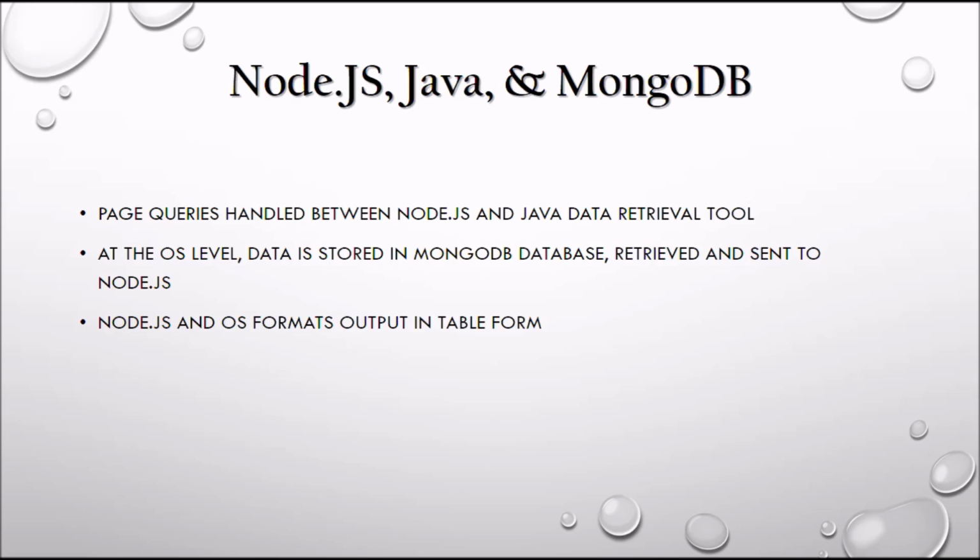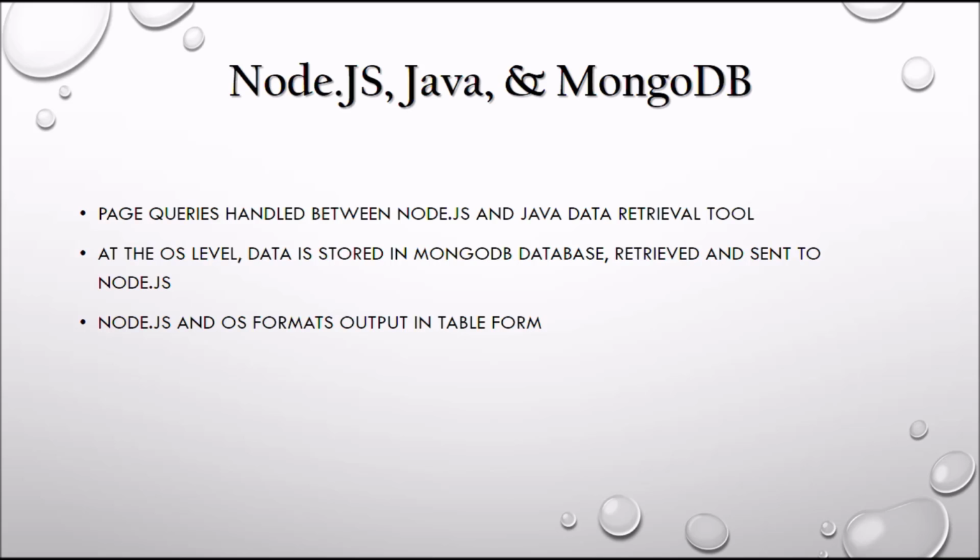Node.js is particularly useful in developing dynamic web pages very quickly. Specifically, Node.js allows us to submit the page queries onto the data retrieval tool, and then at the OS level, we can obtain that data and import it into the MongoDB database.